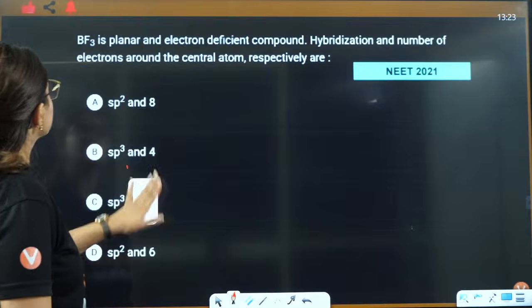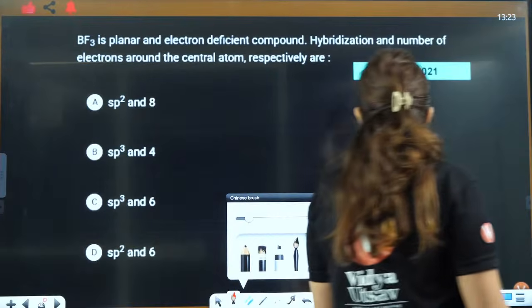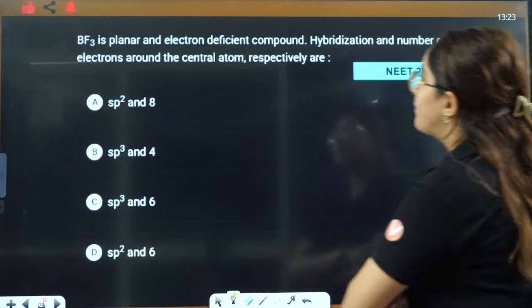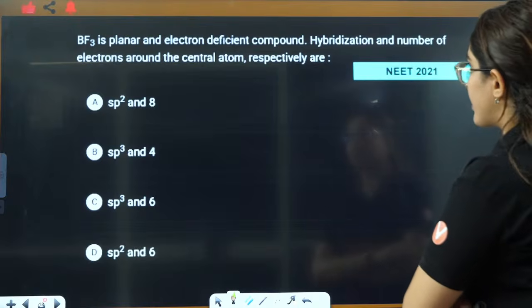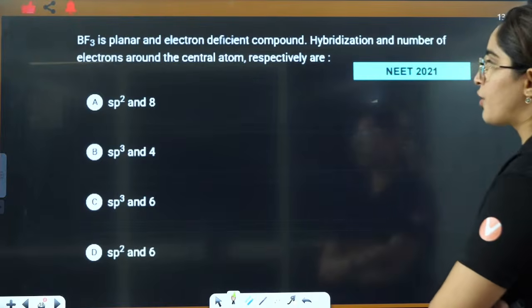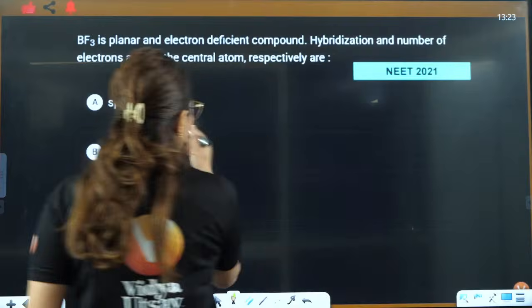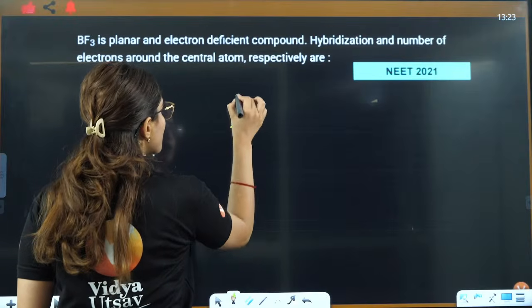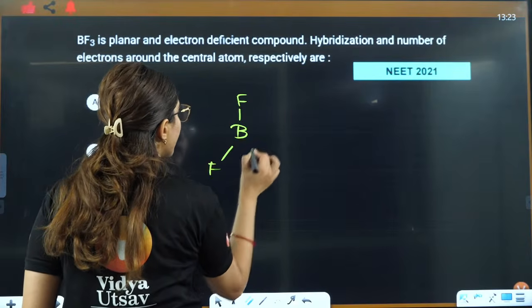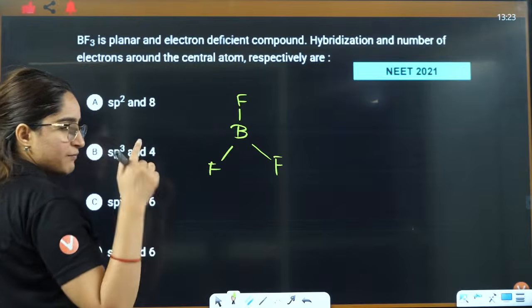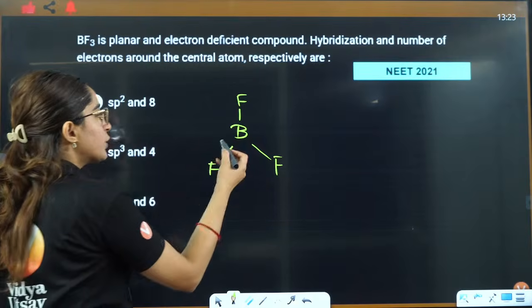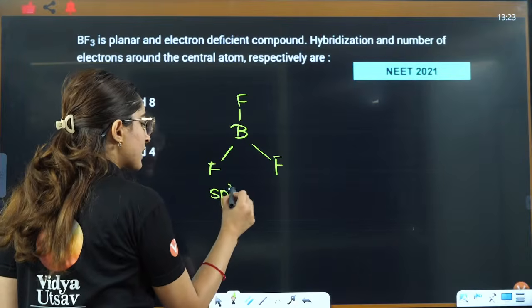Let's see the questions, guys. First question here is, BF3 is planar and electron deficient compound, hybridization and number of electrons in this. So BF3, I have solved it. I'm not going to solve it again because we have already done it while I was teaching you the concept. You can see it has sp2 hybridization.